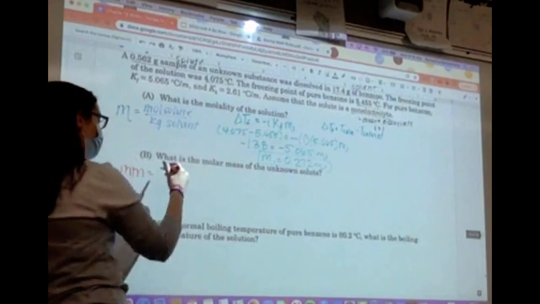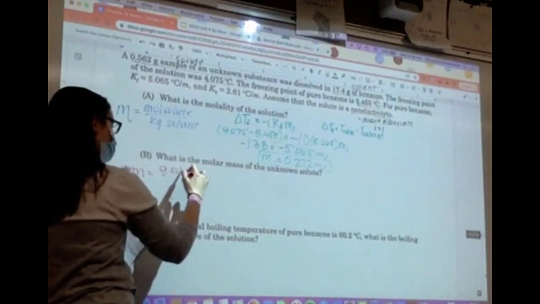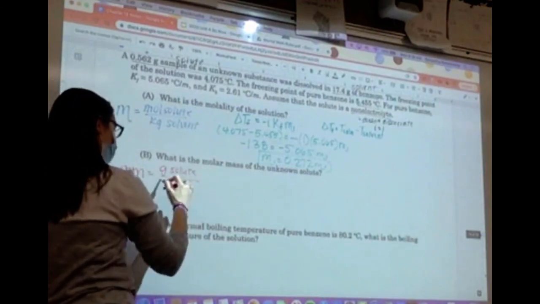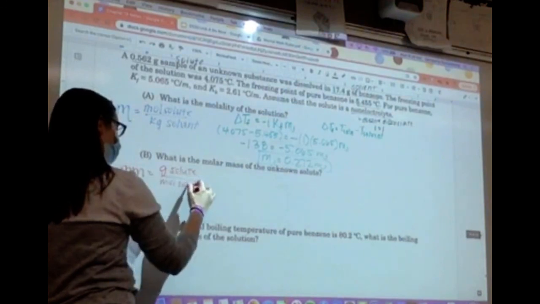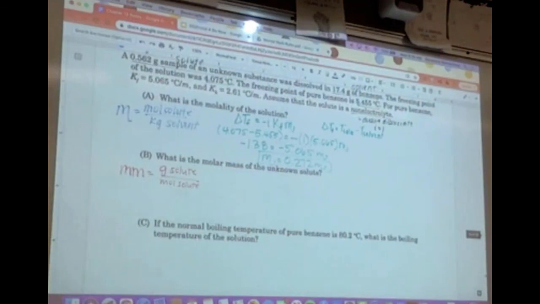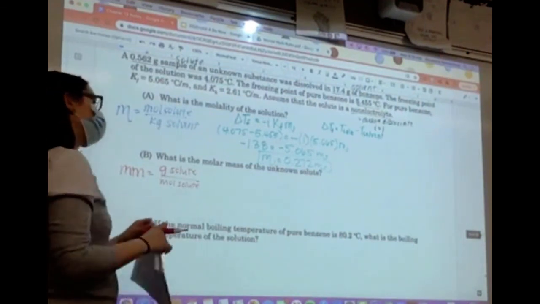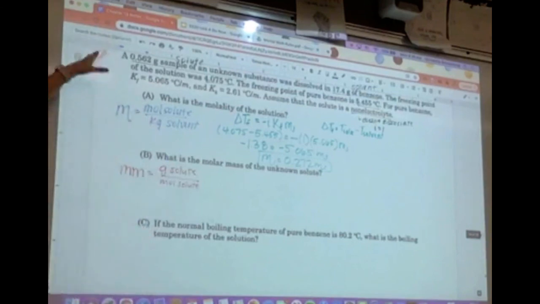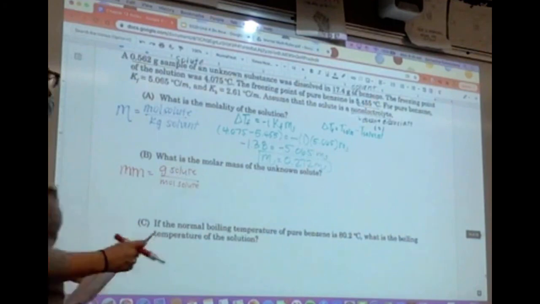So if I want the molar mass of the solute, I want the grams of the solute and the moles of the solute. I can find the molar mass by taking the grams that were given in the problem divided by the moles of that same substance.